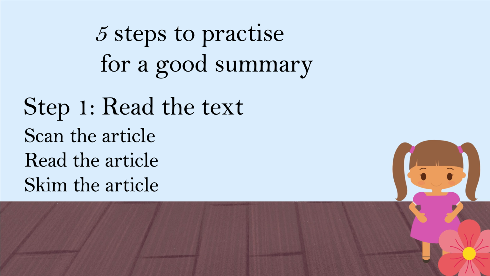So, the text is often read in 3 different stages. Stage number 1 is to scan the article quickly to get a sense of its topic and overall shape. Next, read the article carefully, and this time highlight important points and take notes as you read.